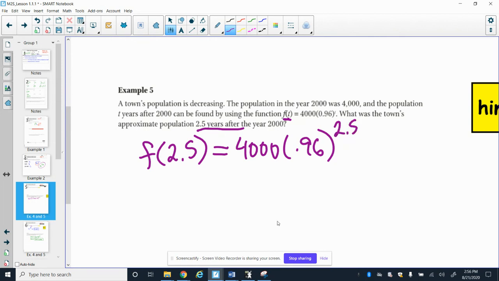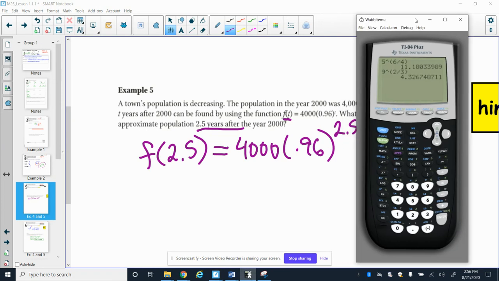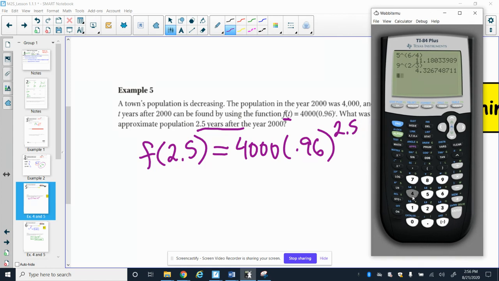Okay, and then we can practice inputting this in our calculator. If we were going to input this, we would put in 4,000 times 0.96 caret key 2.5.